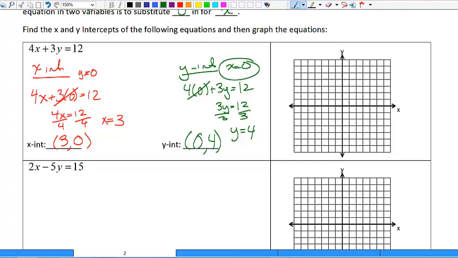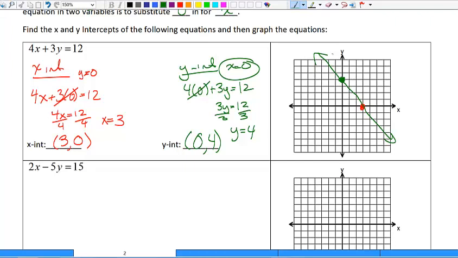We're the one that plugged in 0 there. So for my intercepts, if I plot (3, 0), notice that does indeed end up on the x-axis, and (0, 4) does indeed end up on the y-axis. Then I can connect my line, and 2 points, the x-intercept and the y-intercept, was sufficient to draw a straight line.